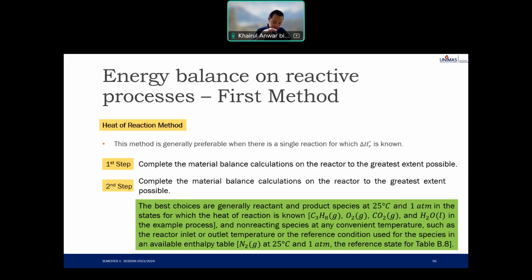You can just choose for CO, for example, for hydrogen, there are specific enthalpies for each temperature from 0 to 1500 degrees C.